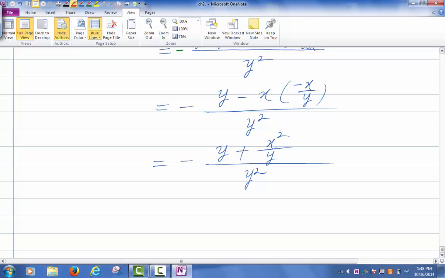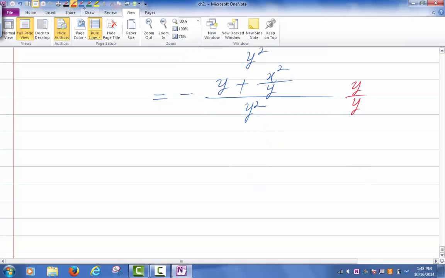Well, one trick is to multiply and divide by the common denominator of all the denominators. So I multiply and divide by y. And if I do that, I'm getting negative y squared. The negative is in front of the fraction, sorry.